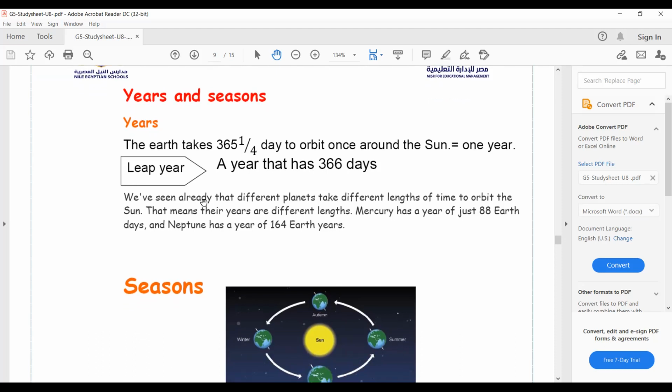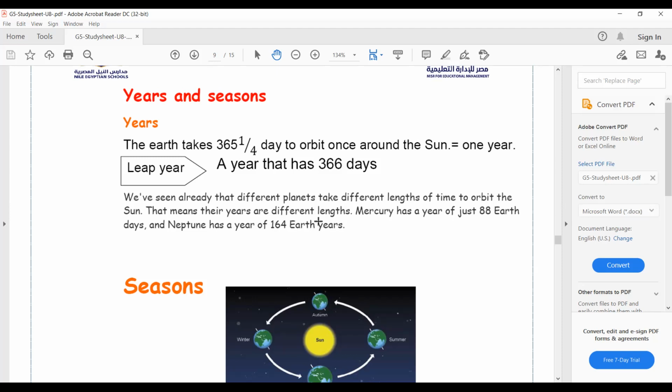We have seen already that different planets take different lengths of time to orbit the sun. That means their years are different lengths. Mercury, for example, has a year of just 88 Earth days. Neptune has a year of 164 Earth years.